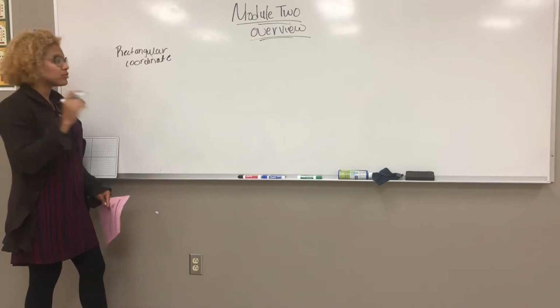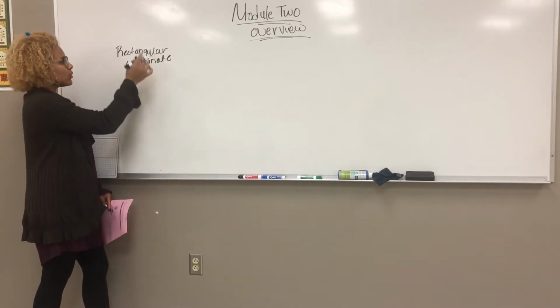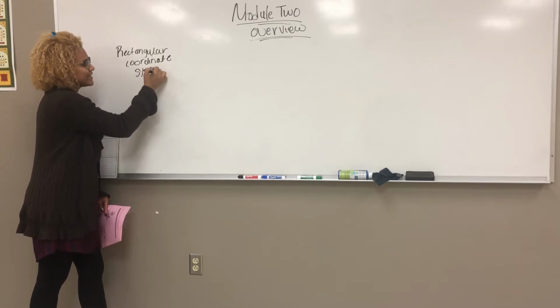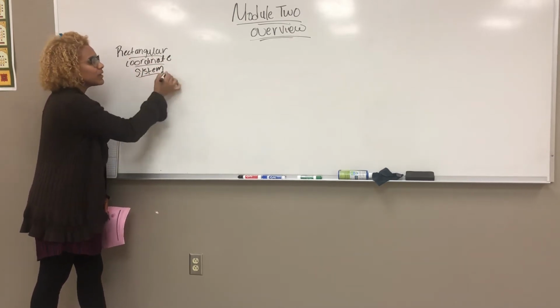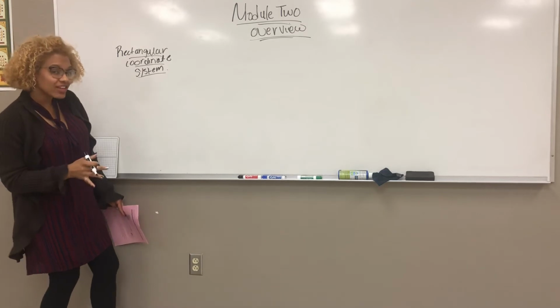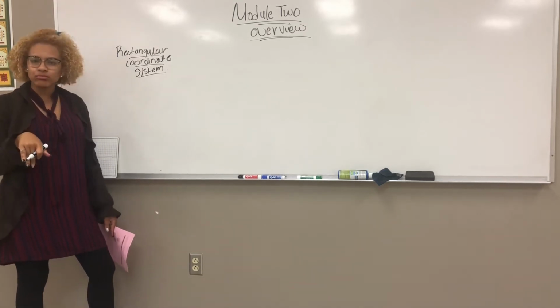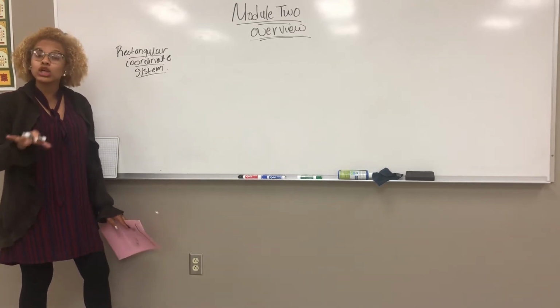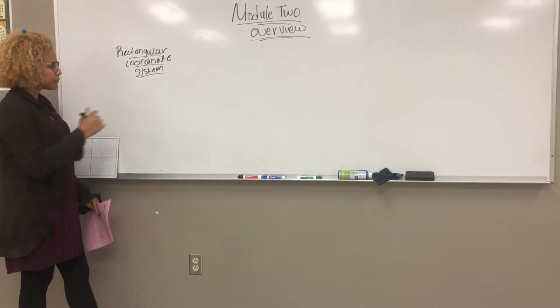I'm not the best when it comes to spelling. Coordinate system. Okay. So bear with me, and if you see any mistakes in my writing, point them out to me. I do not mind, because this is a learning process for you and me, okay?